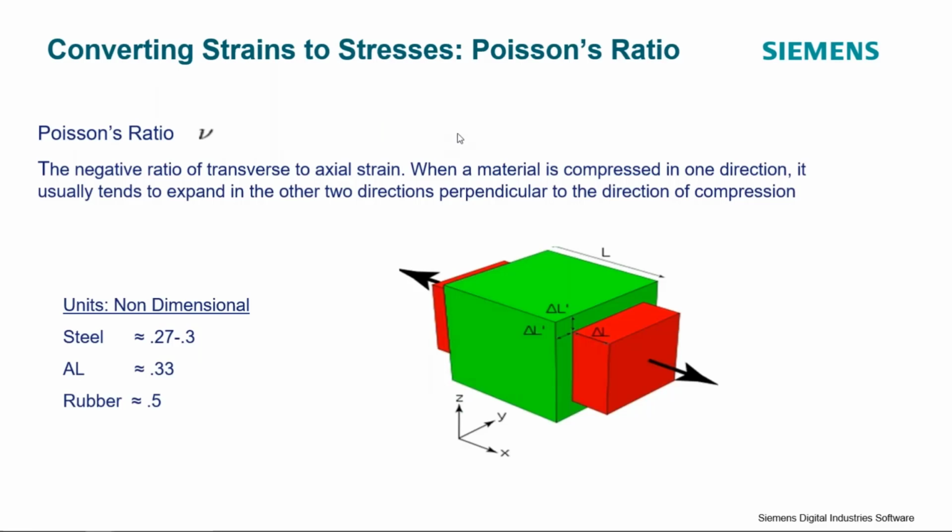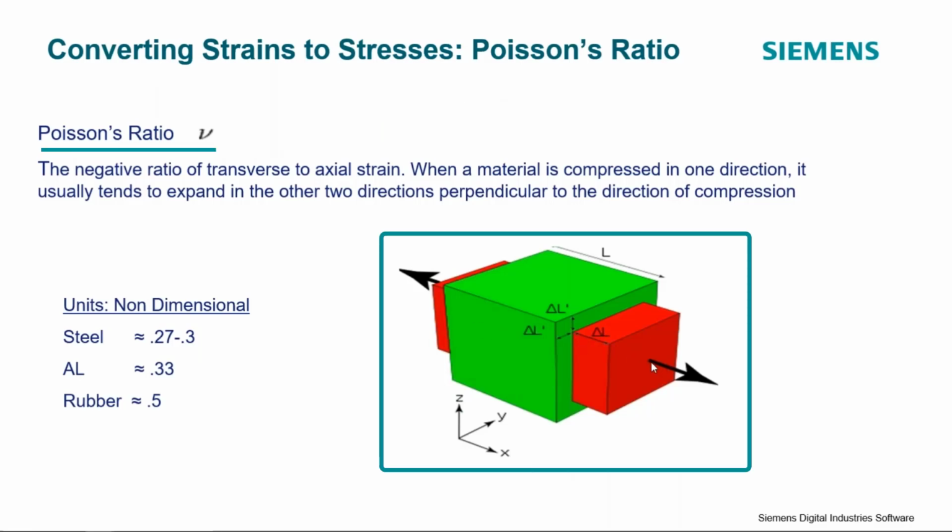And then we also need to use Poisson's ratio. So when we apply a load to a 2D material, or a material in multiple directions, we deform the material in the direction of the applied load. So you can see this green square has gotten much longer.